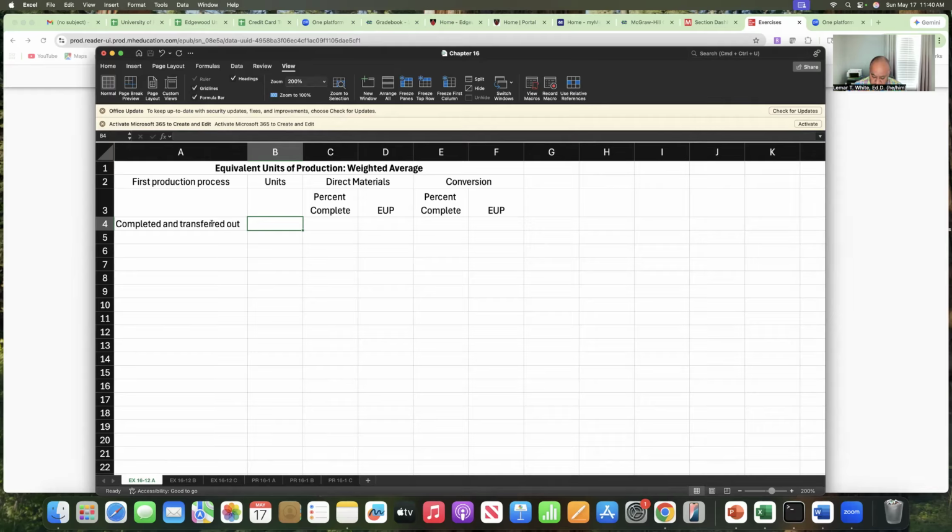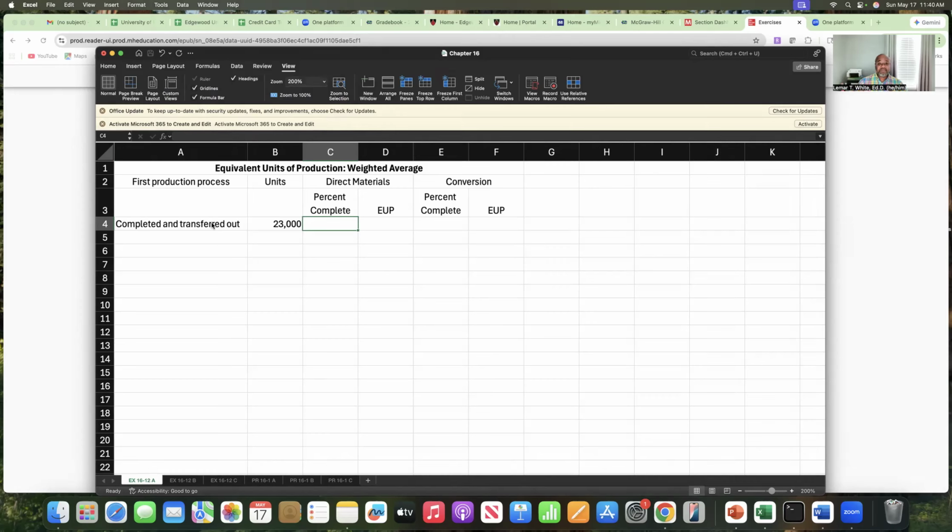So if we look at the question, it tells us that completed and transferred out, the number of units were 23,000. And the question gives us this number, all right? And then it also tells us that all of the materials, remember I told you this is important, all of the materials are added at the beginning of the process.